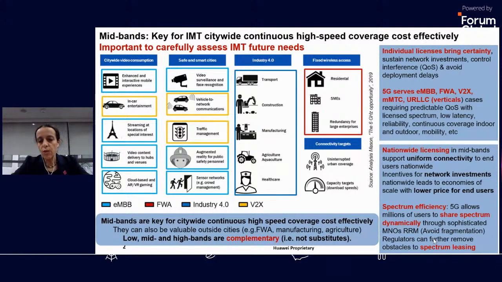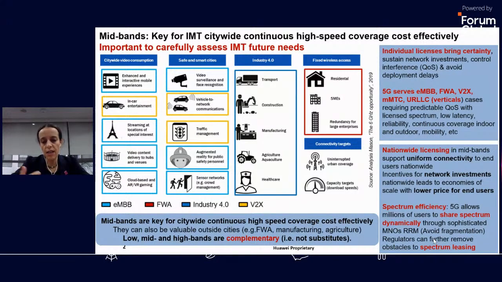The next important point, and something that we really recommend regulators prioritize, is nationwide licensing. Nationwide licensing in midbands is really important to support uniform connectivity to end users nationwide.